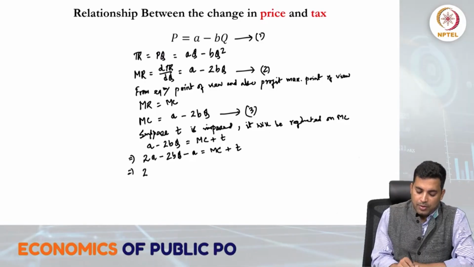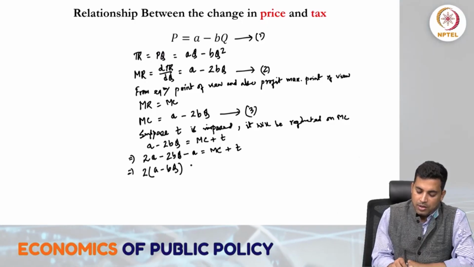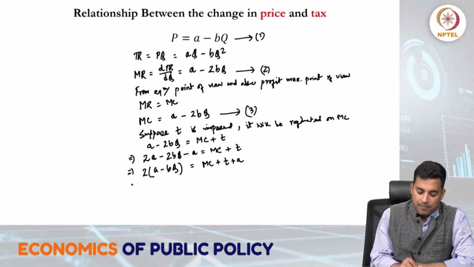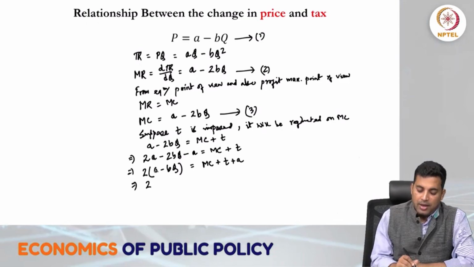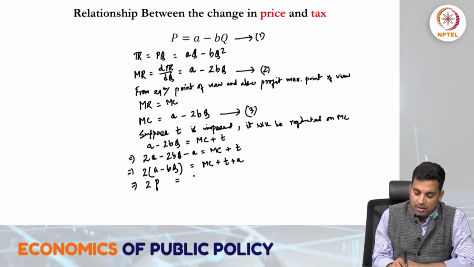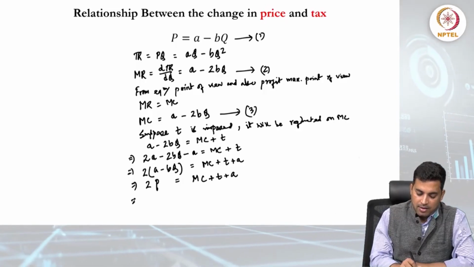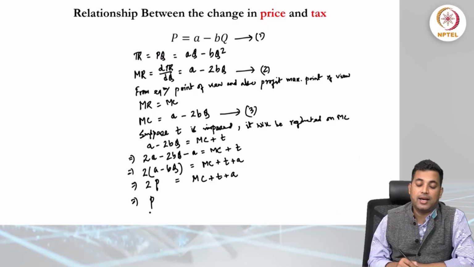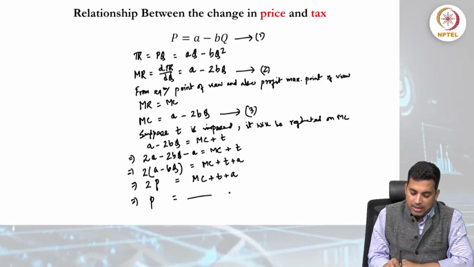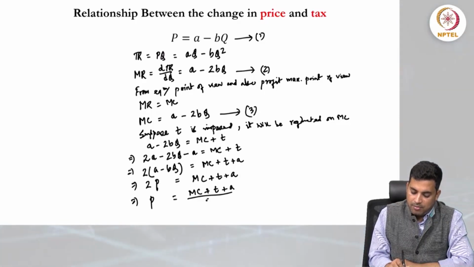Then 2 common, A minus BQ equals MC plus T plus A, and A minus BQ, from equation 1, is actually P. So it becomes MC plus T plus A, and for the relationship between price and tax, it will be P equals marginal cost plus T plus A by 2.